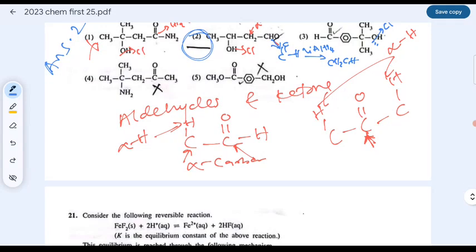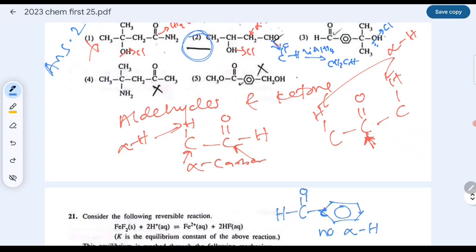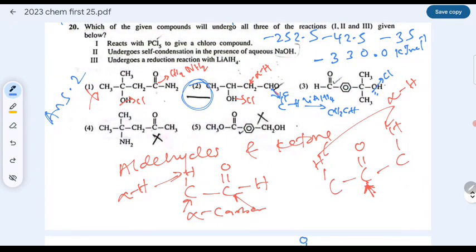This carbonyl carbon is bonded to benzene now. It has an alpha carbon here, but there is no alpha hydrogen here, right? Therefore, it can't do the self-condensation reaction. Then undergoes a reduction reaction with lithium aluminium hydride. Yes, it can, because here the aldehyde is present and it forms CH2OH with lithium aluminium hydride, right?